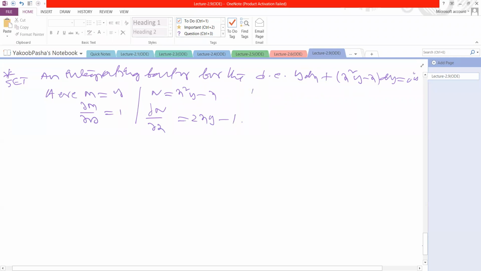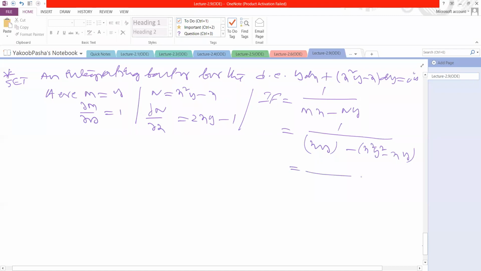So you can directly use integrating factor, that is equal to 1 by mx minus ny, that is equal to 1 by, this is xy first term minus of this, we are multiplying with the y here, it is x square y square minus xy. So here it is 1 by 2xy minus x square y square.